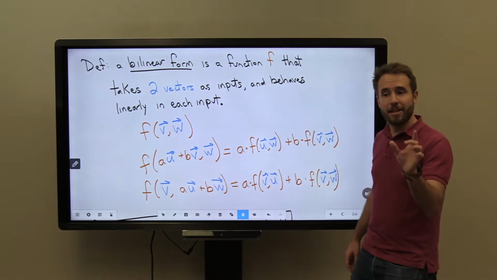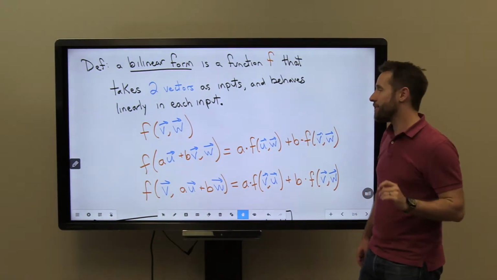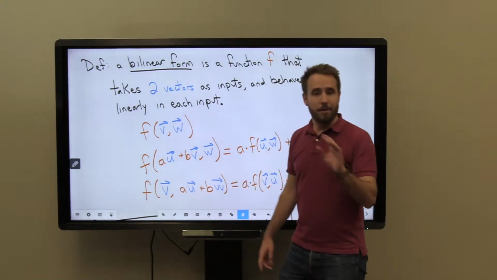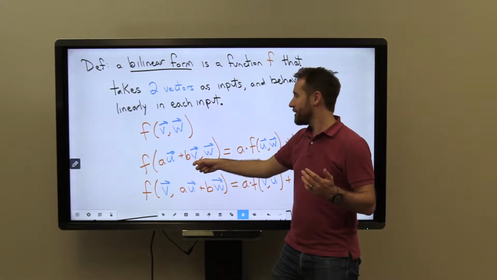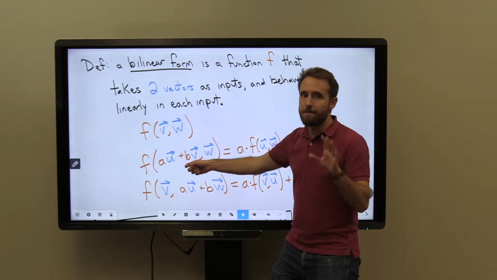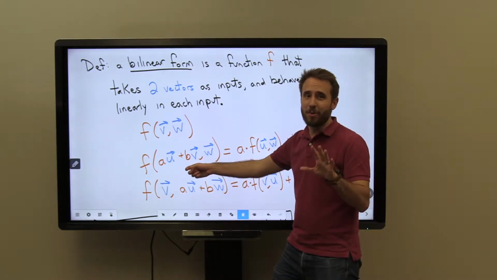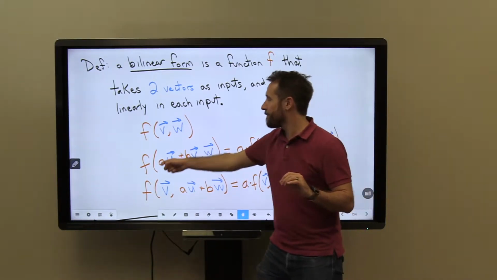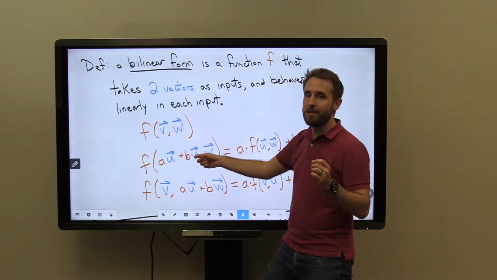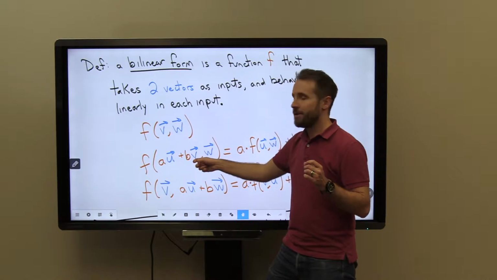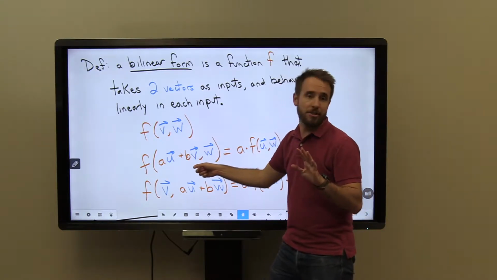Well, it's linear in the first component, or linear in the first input, if I have some sort of vector addition or scalar multiplication in that first component, and it factors in a nice linear way, the way that we might expect. So here my first component, my vector, is au plus bv, right? Here u and v are vectors, while a and b are scalars, right?